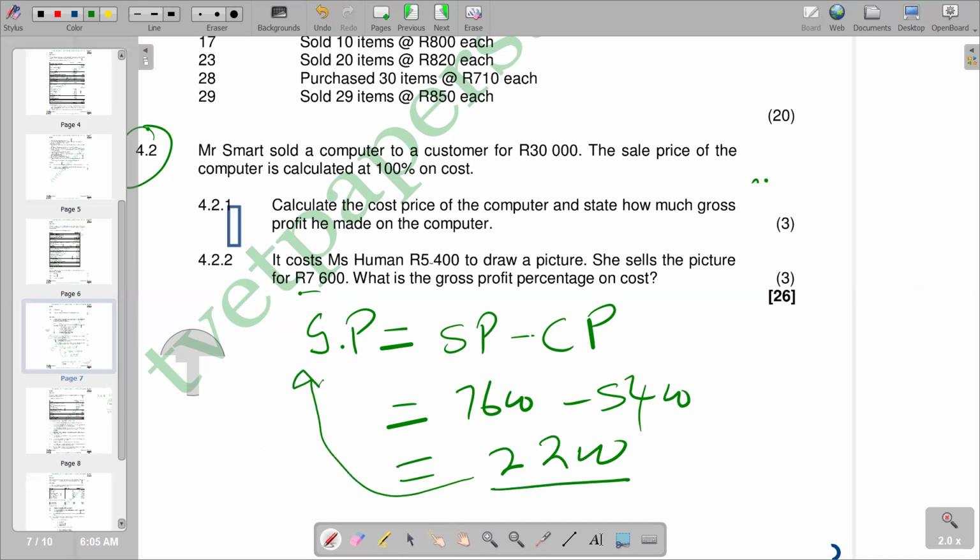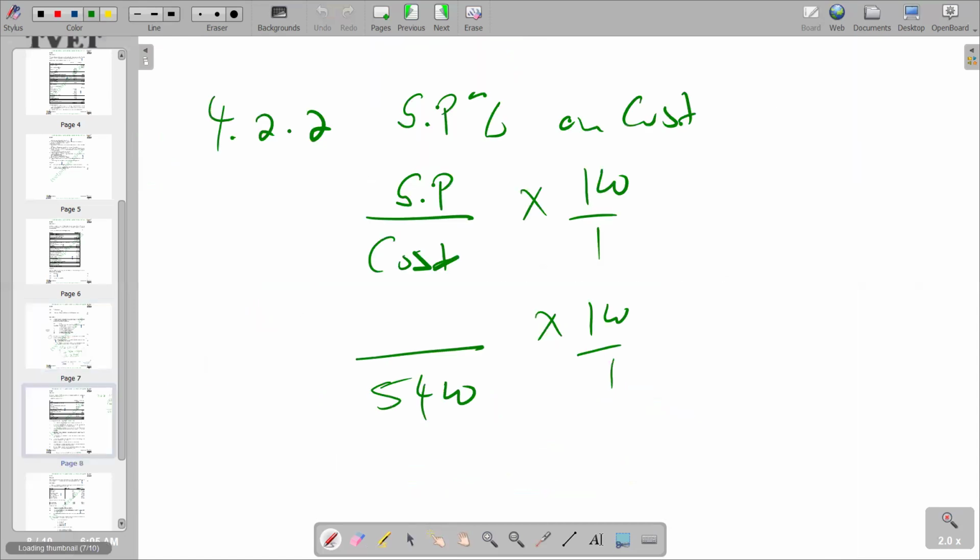Having our gross profit, we can now calculate the percentage by saying 2,200 over 5,400 times 100 over 1, and we represent the result as a percentage. Let's calculate it: 2,200 divided by 5,400, and if you multiply by 100 over 1, we get 40.7407407.